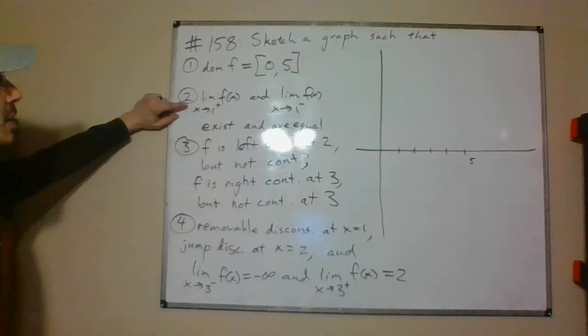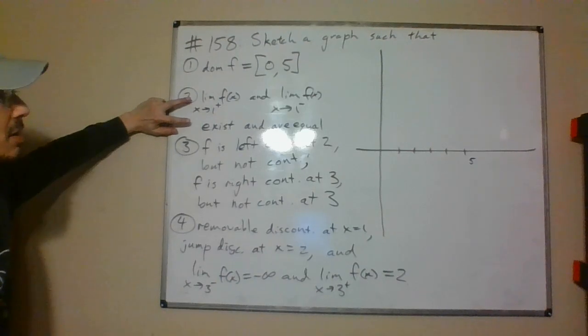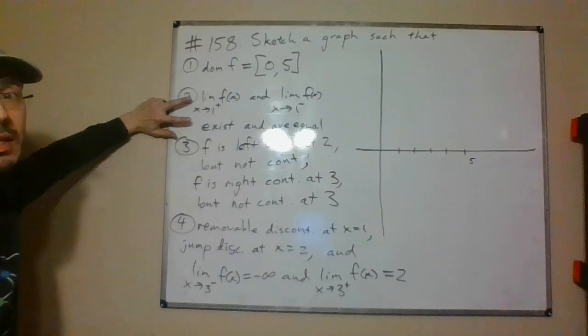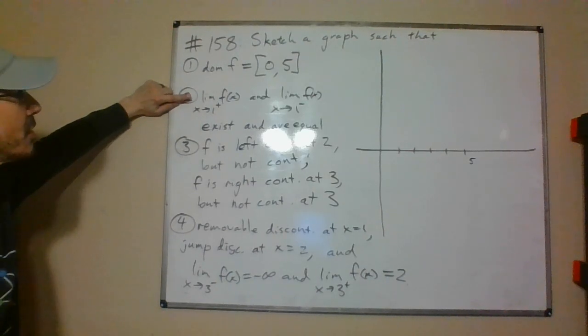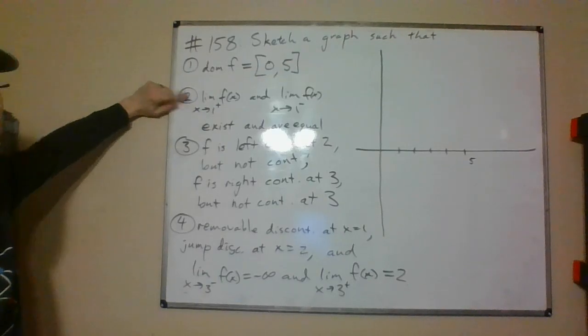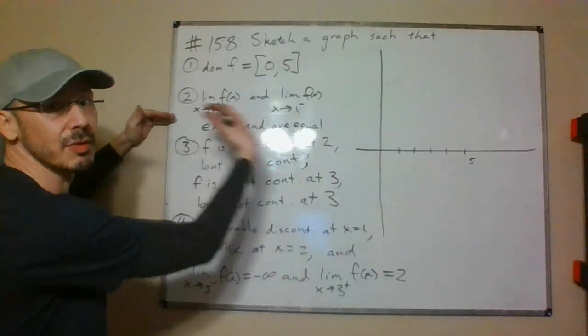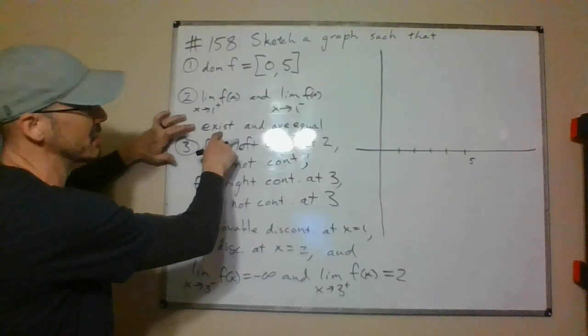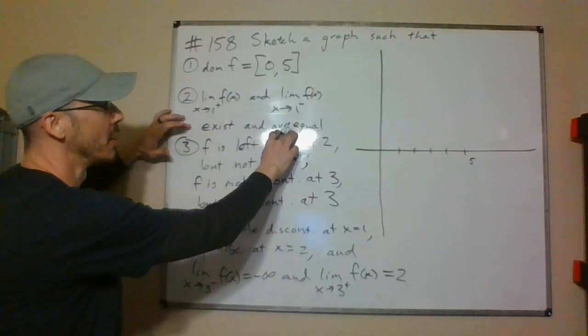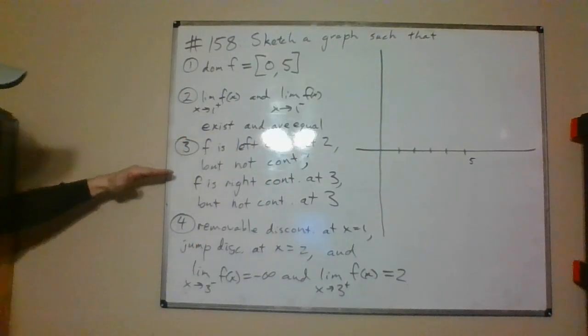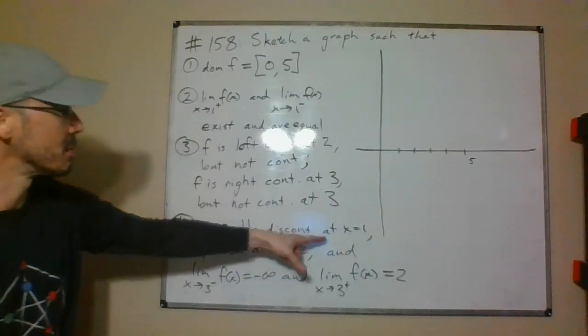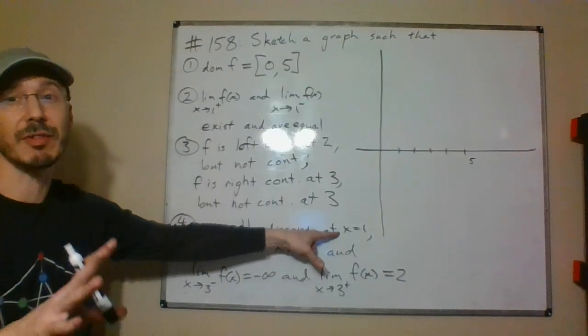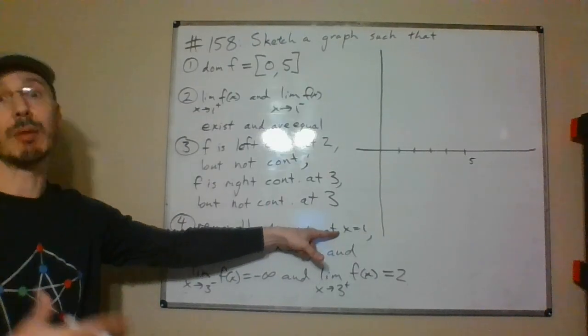Now at 1, it says that the limit from the left and the limit from the right exist and are the same. But nowhere else does it say what a value should be, so I'm on my own for that.